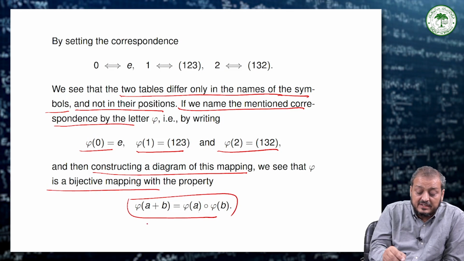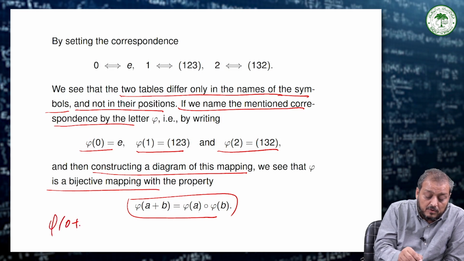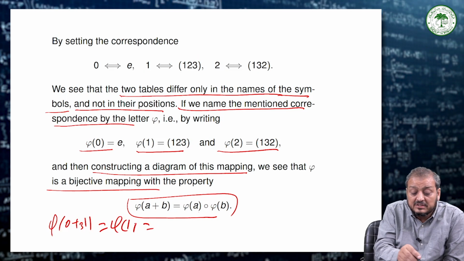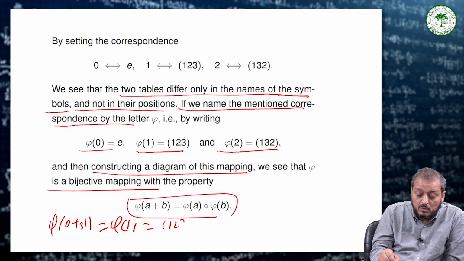You can clearly say that phi of A plus B, meaning we take phi of 0 plus 1 under modulo 3, is equal to phi of 1, and phi of 1 is equal to 1 2 3.